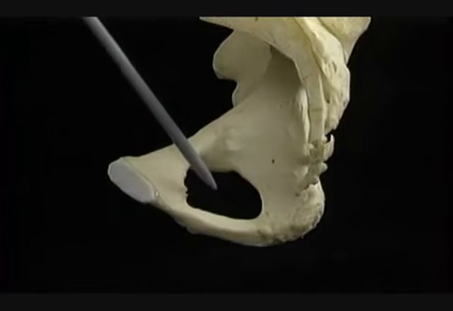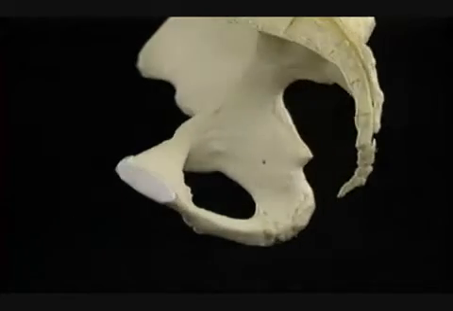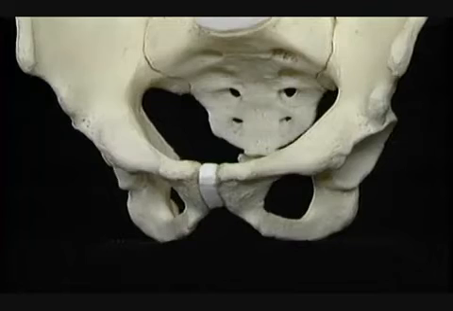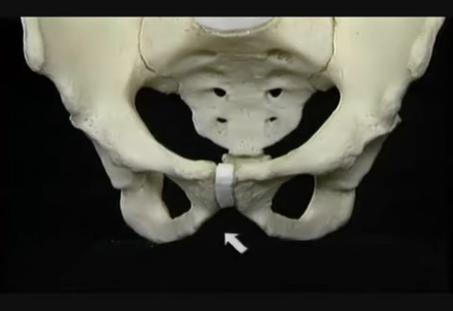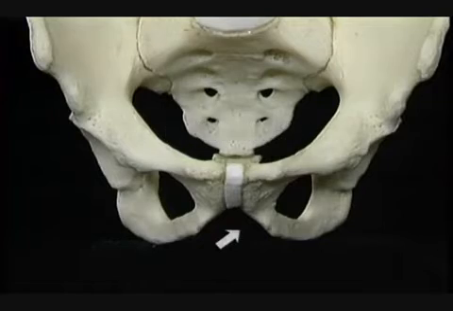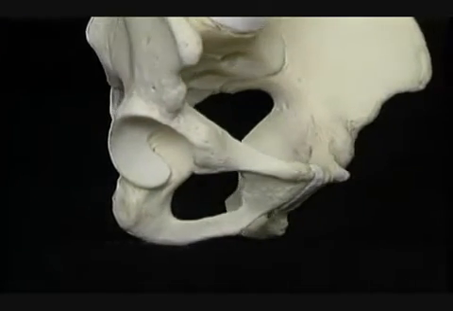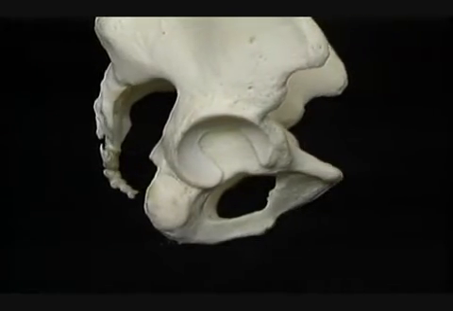The part of the hip bone below the obturator foramen is the ischiopubic ramus. The 2 ischiopubic rami, meeting in front at the pubic symphysis, form the pubic arch. When seen from the side, the ischiopubic rami slope backward and downwards toward the ischial tuberosities.